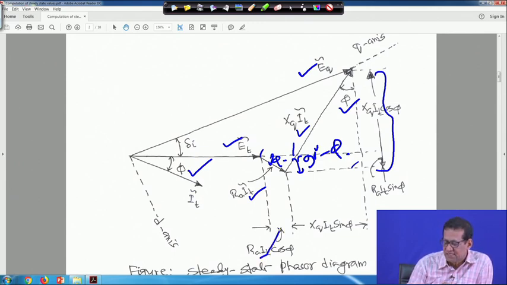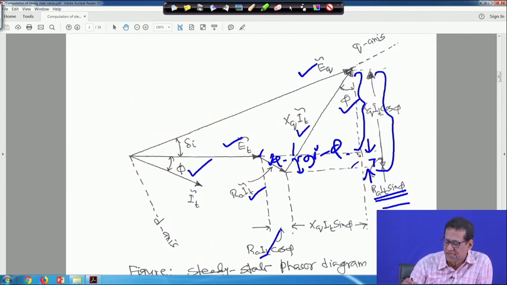Similarly, this portion, from here to here, is RA IT sin phi. That means from here to here it is XQ IT cos phi minus RA IT sin phi.